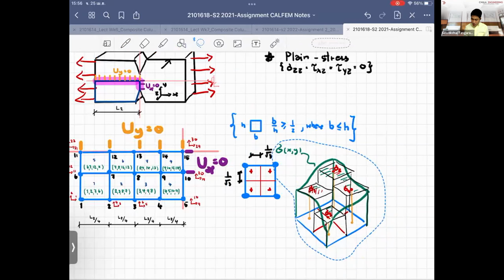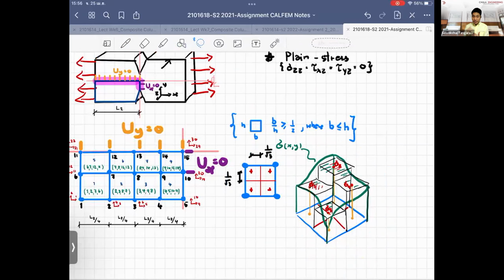So when we want to fit the graph, the idea is that the more Gauss points, or points of representative stresses in the element, that we have, the better the results, right?